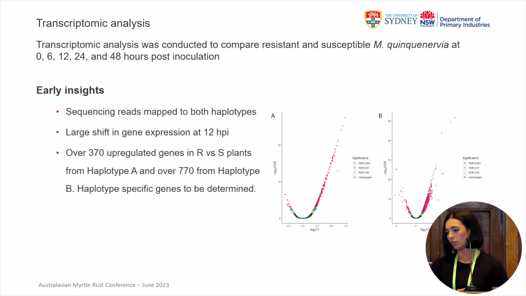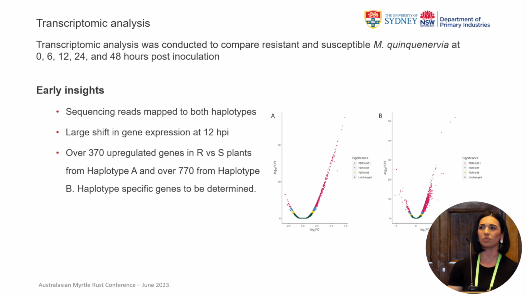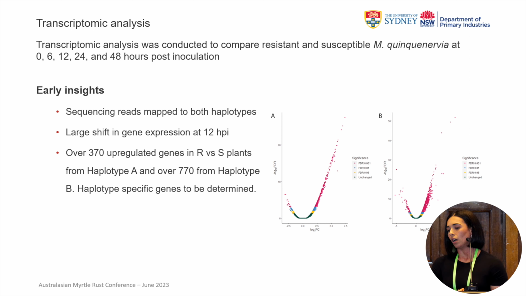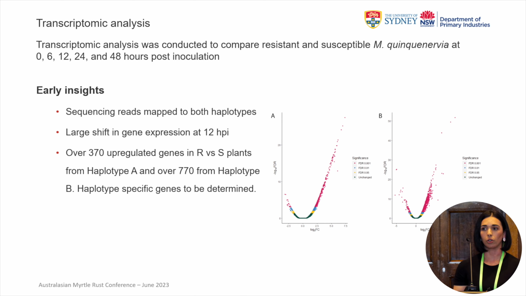So again, this is in fairly early stages still, and because we have a phased genome, I'm still trying to determine the best way to deal with this data. There's a couple of options: I can collapse the genomes back down just to work with that one sequence again, or I can be working in a haplotype-specific manner. But what I found was that there was really a large shift in gene expression at 12 hours post-inoculation.